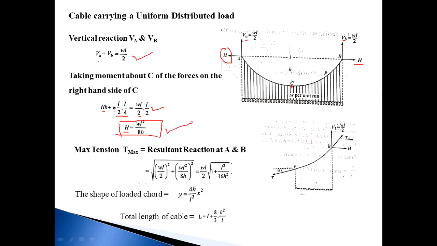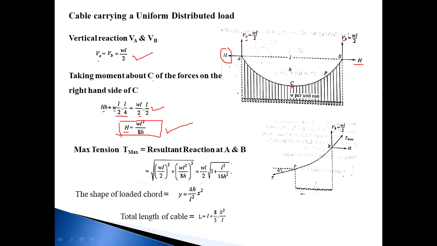This is the horizontal reaction at A and at B, because the H forces act on the same line, as support A and support B are at the same height. So H becomes the same.